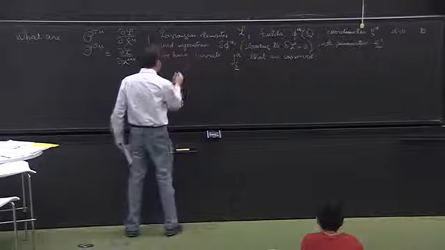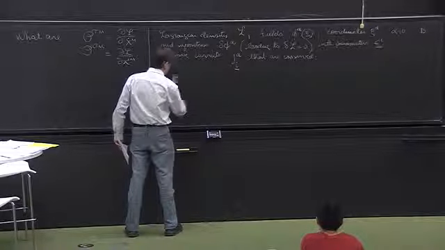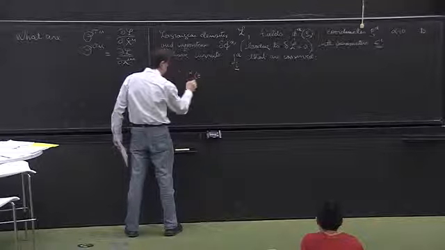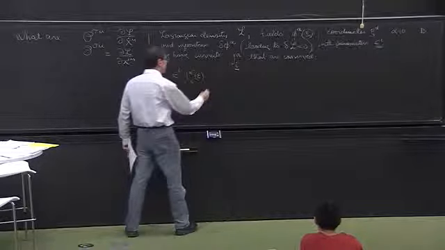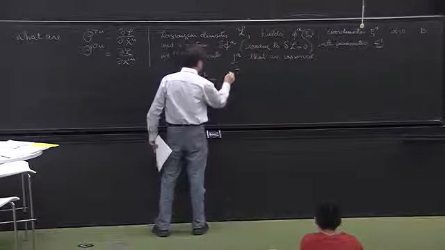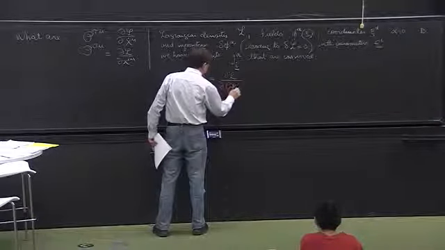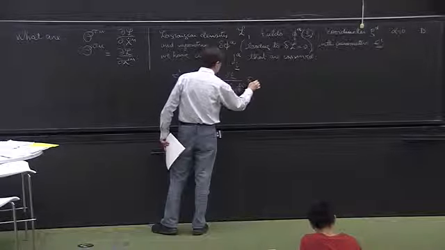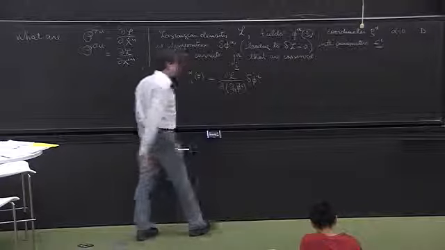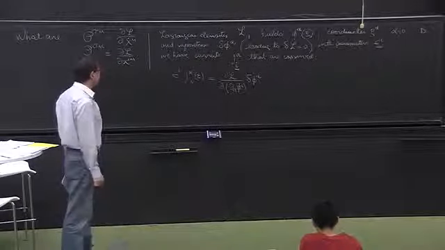So what is the formula for this current? J alpha I of psi, because it's a current that lives on the world where this Lagrangian lives, is dL d partial alpha phi A delta phi A. That's the most familiar version of Noether's theorem.